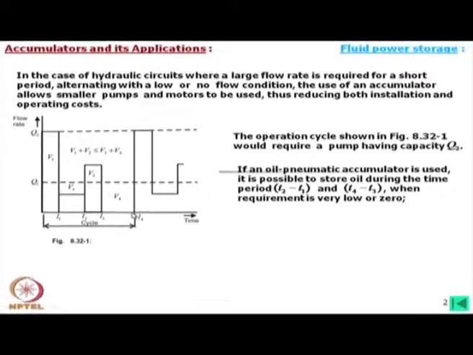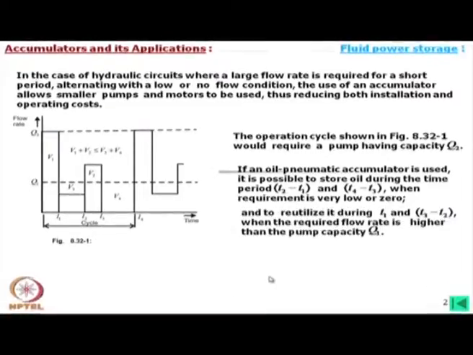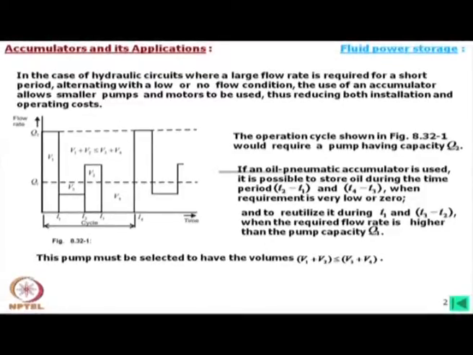As I have already explained, when the requirement is very low or 0, we store the oil and reutilize it during the periods when the required flow rate is higher than the pump capacity Q 1. This pump must be selected to have the volumes V 1 plus V 2, which is again less than V 3 plus V 4. So, average capacity is calculated in this way.